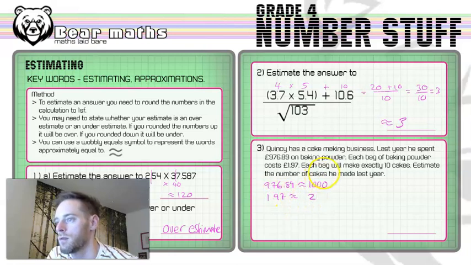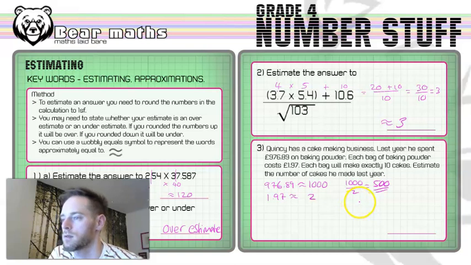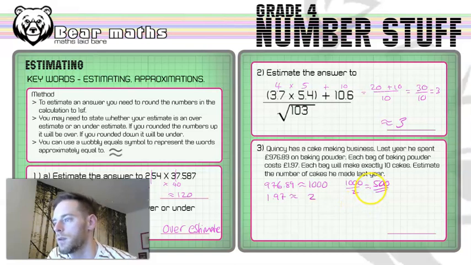So that makes our calculation an awful lot easier. If he's spent that much on each bag and he spent that much in total, 1,000 divided by 2 gives 500. So he's bought approximately 500 bags of baking powder. Each bag will make exactly 10 cakes.